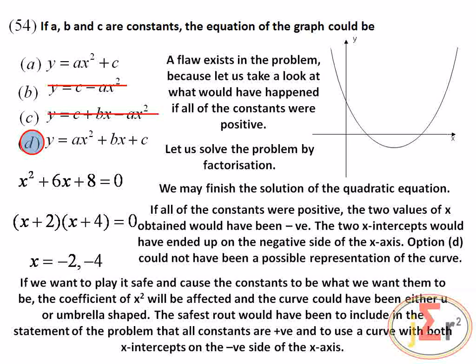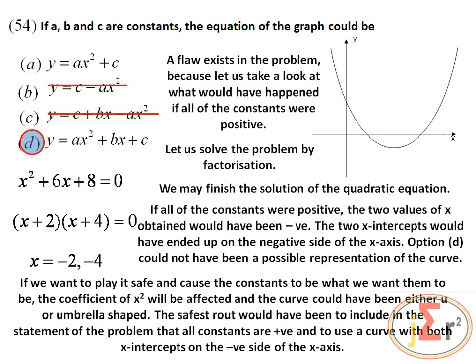Therefore, if the constants were anything we want, positive or negative, when the x squared coefficient is negative we would have an umbrella shape, and positive, a U shape, and there we will have an ambiguity. The safest route would have been to include in the statement of the problem that all constants are positive and to use a curve with both x-intercepts on the negative side of the x-axis.